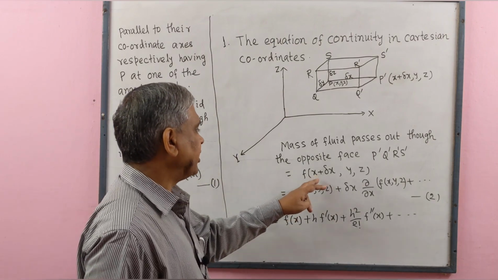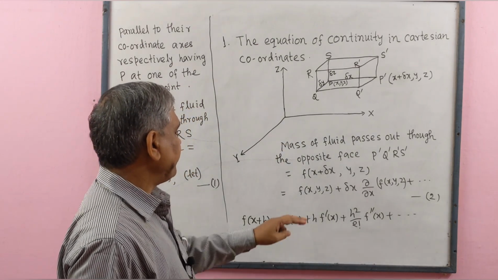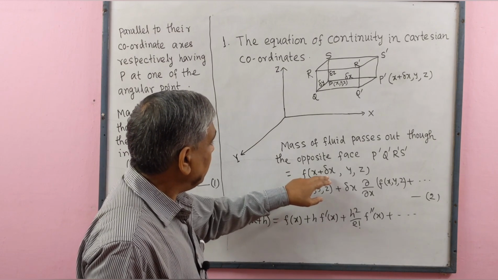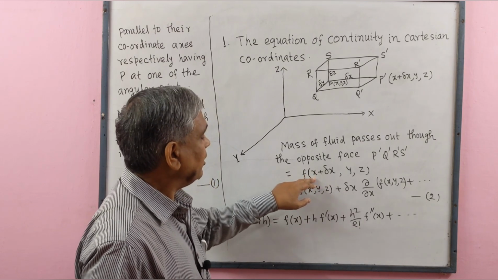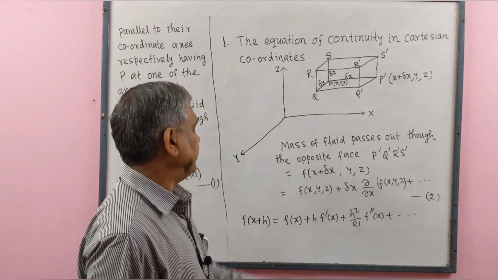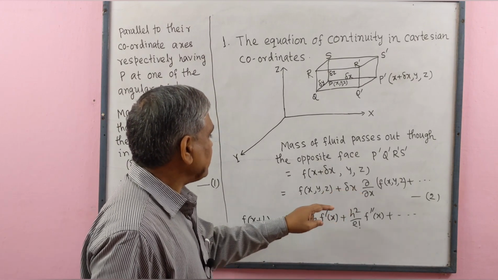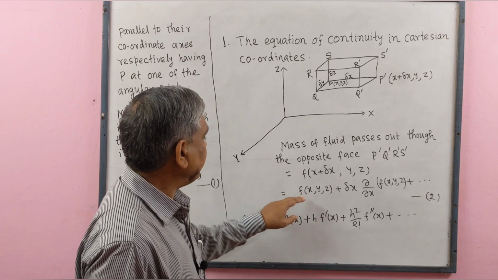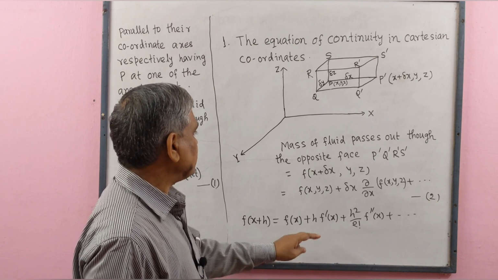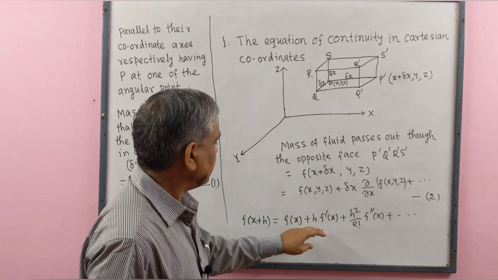Here we have three variables x, y, z, and the change is in variable x only; y and z remain the same. So in place of f of x we have written f of x, y, z, and in place of h we have written delta x.